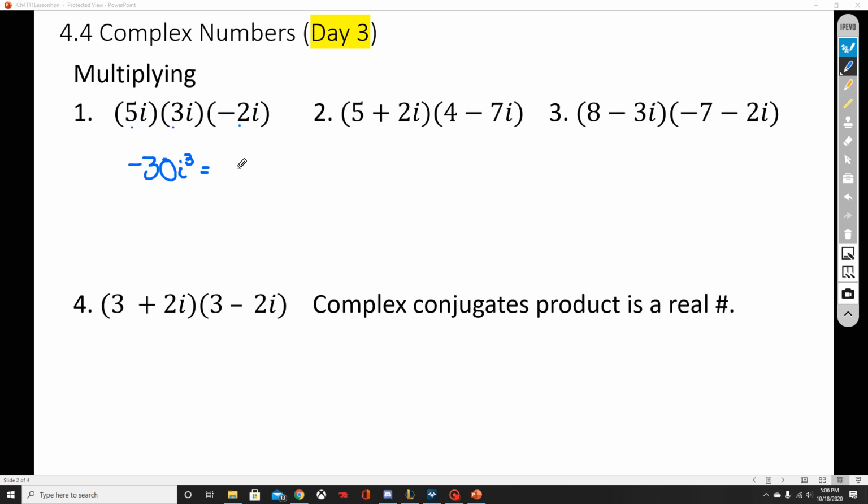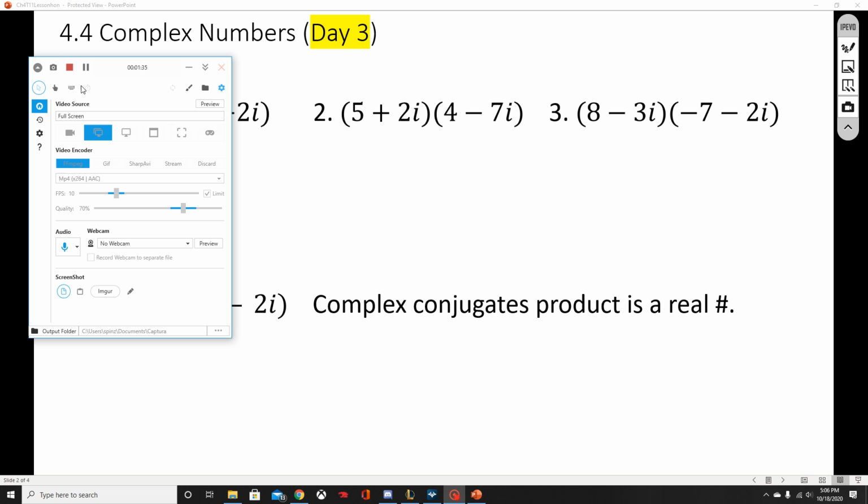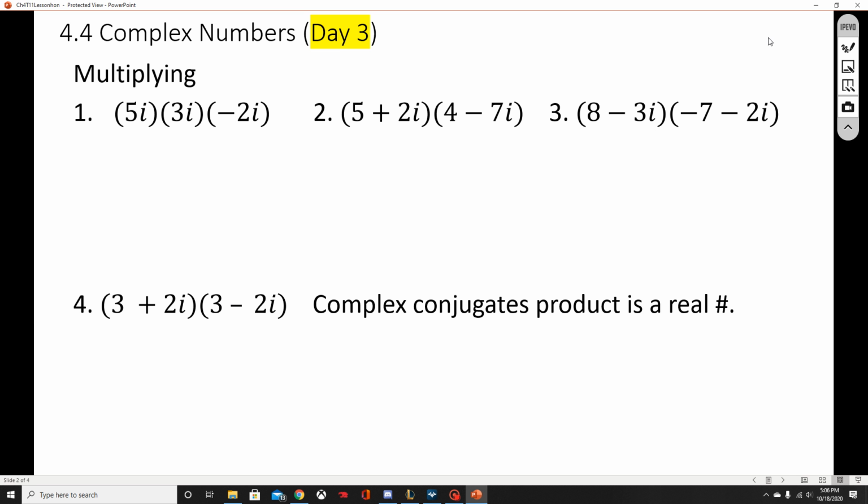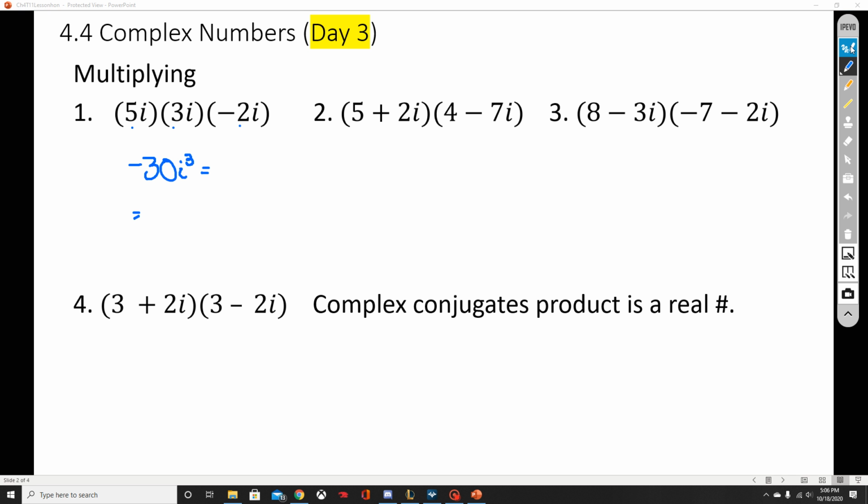Alright, well, we saw the cycles of i. So i cubed is negative i. I think we saw that the day before. Sorry, I just had to double check that I had my cycles of i correct. And I did. Let me write them over here.